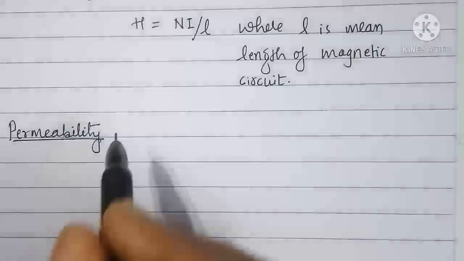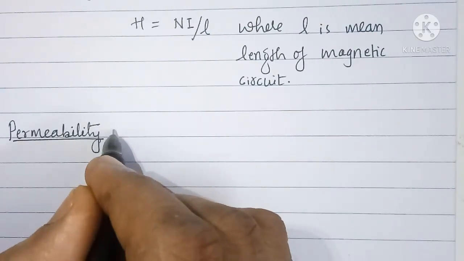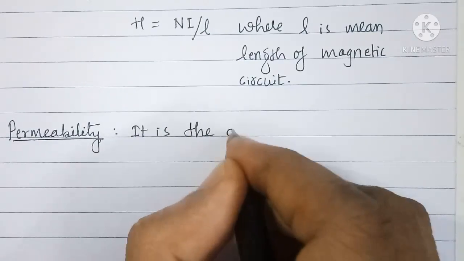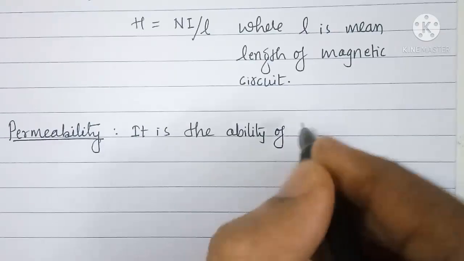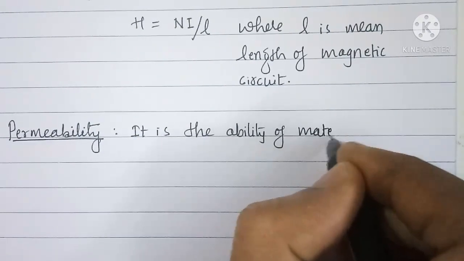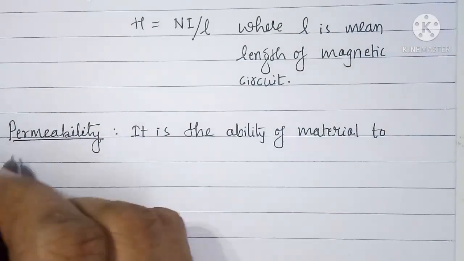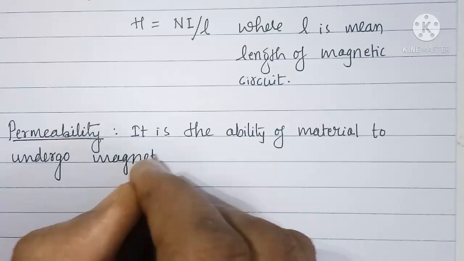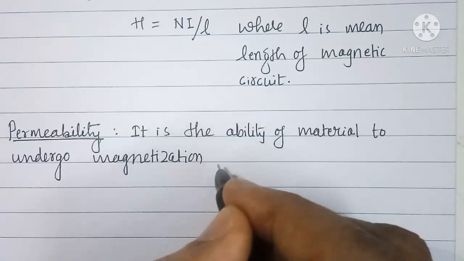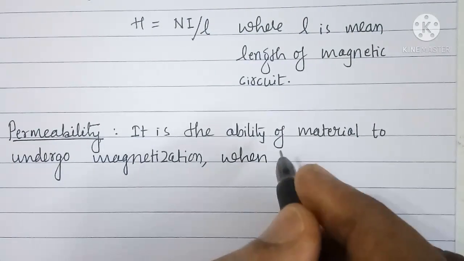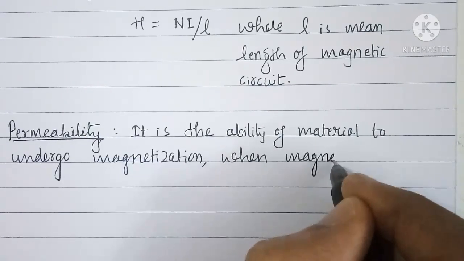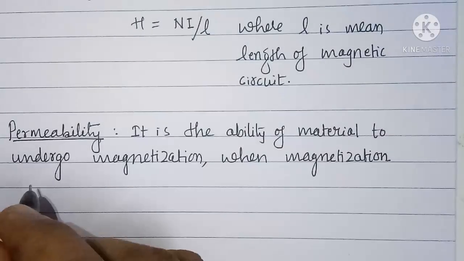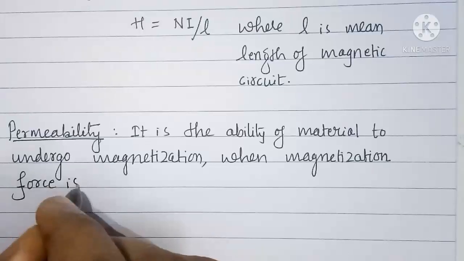Permeability. It is the ability of material to undergo magnetization when magnetization force is applied.